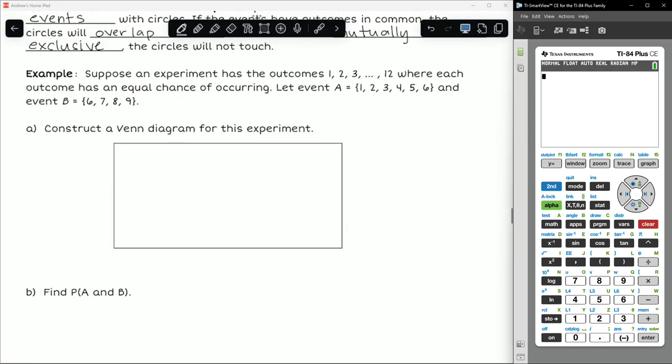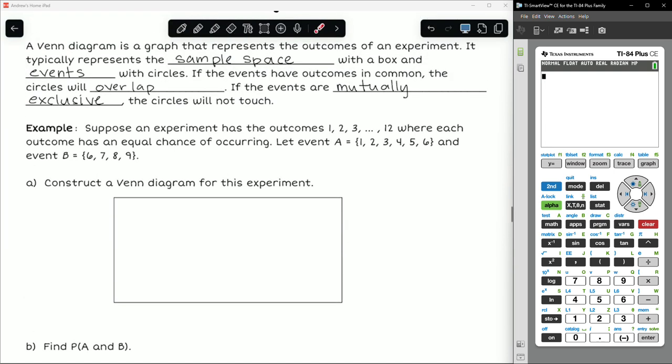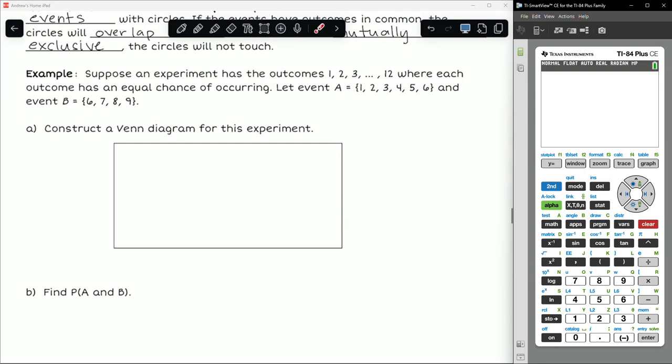The next thing I need to do is draw a circle to represent events A and B. And in order to know whether they overlap or don't touch, I need to look at whether they have any outcomes in common. So I search this list 1 through 6, this list 6 through 9. I see that I have one outcome in common. 6 belongs to both of those events.